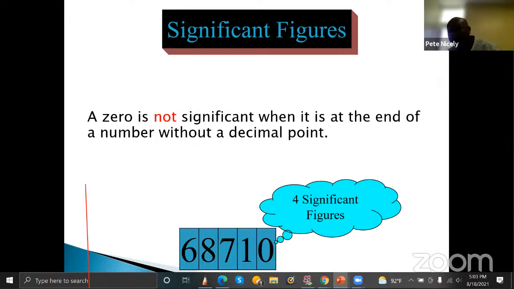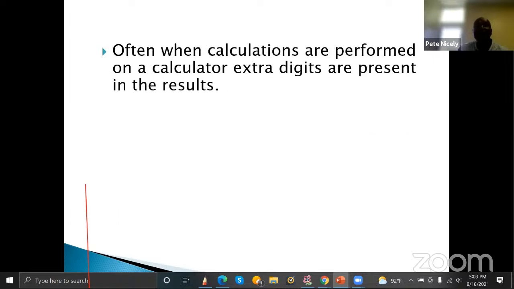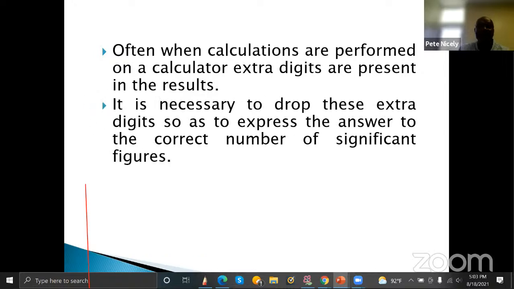I'm not sure if we will be able to get to it, but I'm going to try because it's now 5:03. Okay, so let's talk about rounding off numbers. Another important skill that you need to be aware of. Okay, so very often when you're doing calculations, you have to round off to the correct number of significant figures to express the extent to which the final answer is the most precise answer possible, all right?